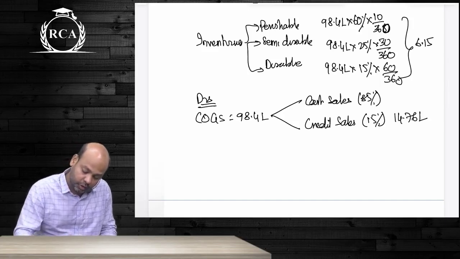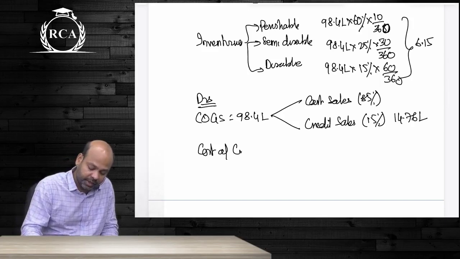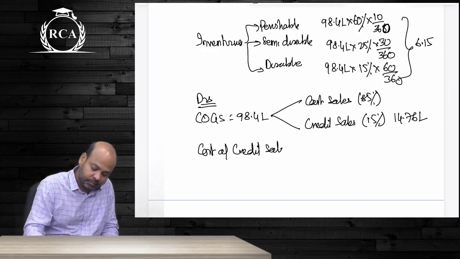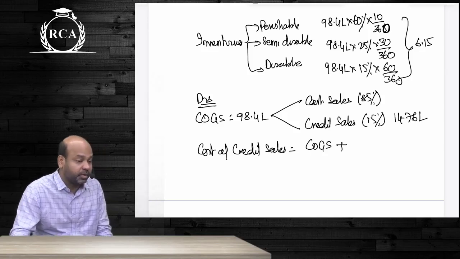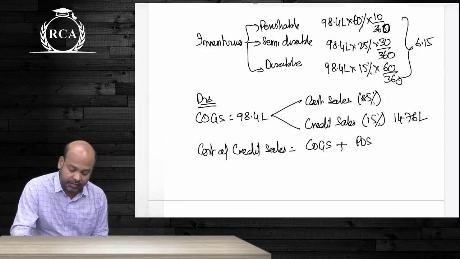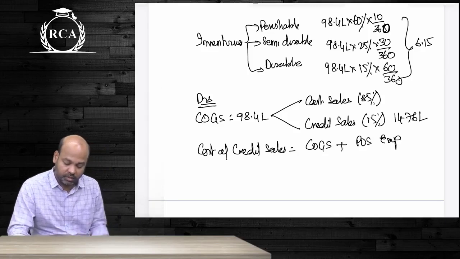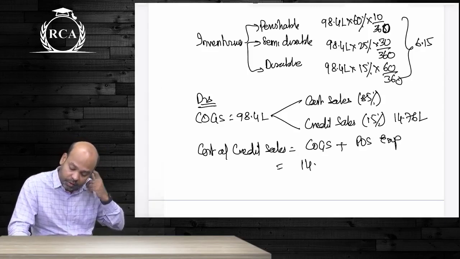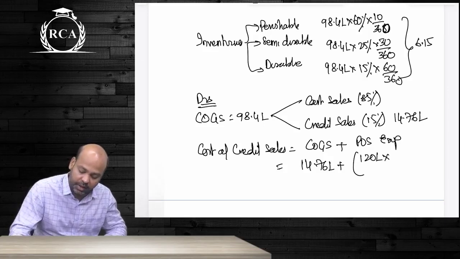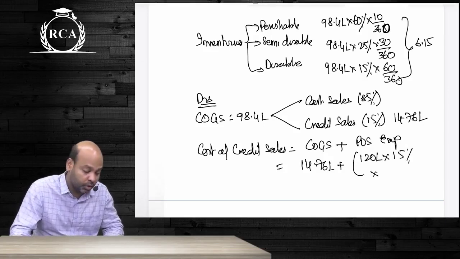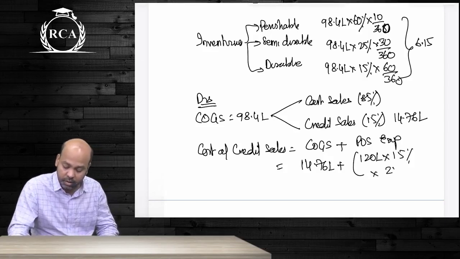Now cost of credit sales will be cost of goods sold plus the point of sale expenses. You will have to incur 2% on 15% of 120 lakhs.